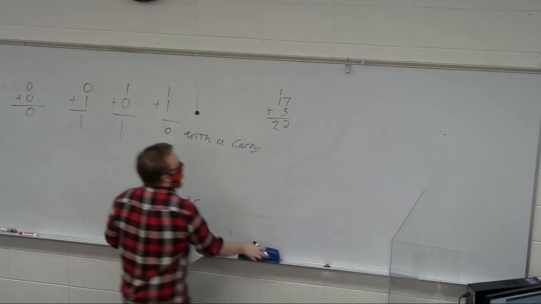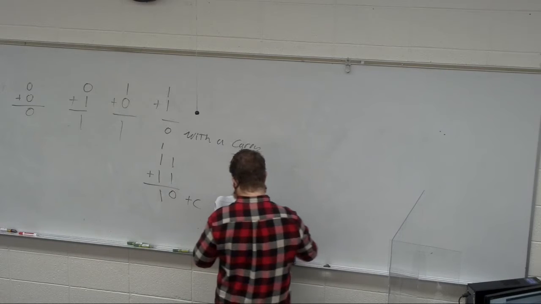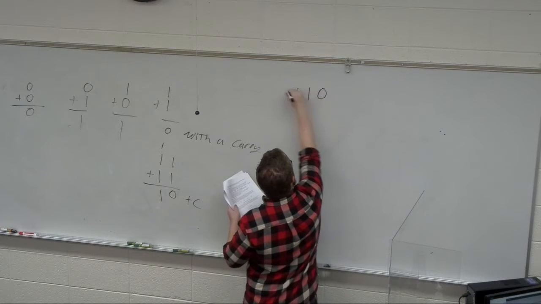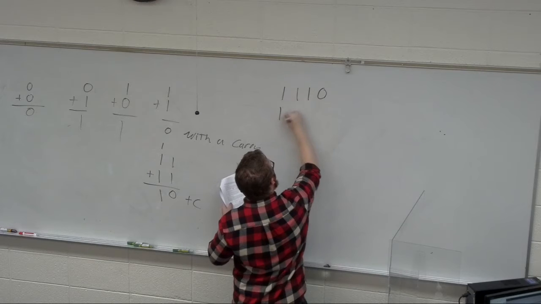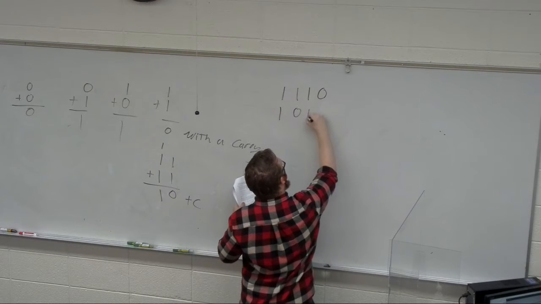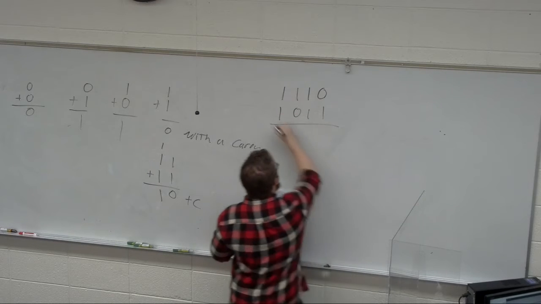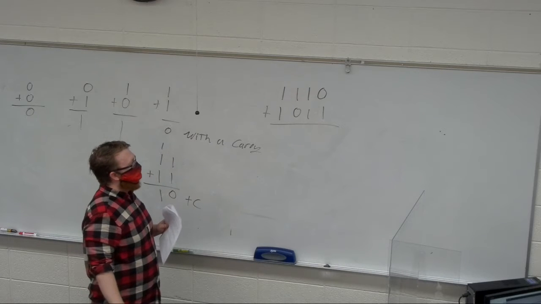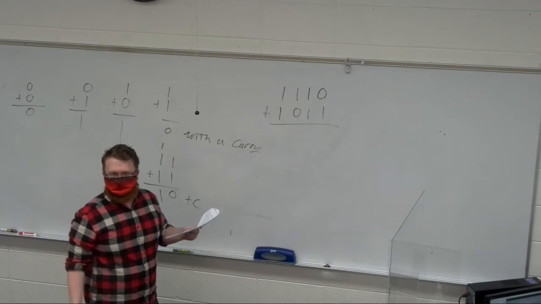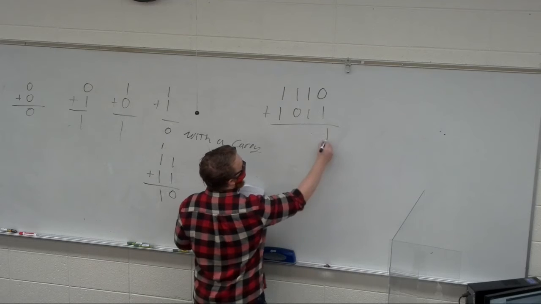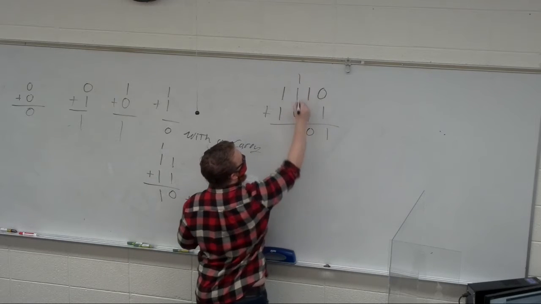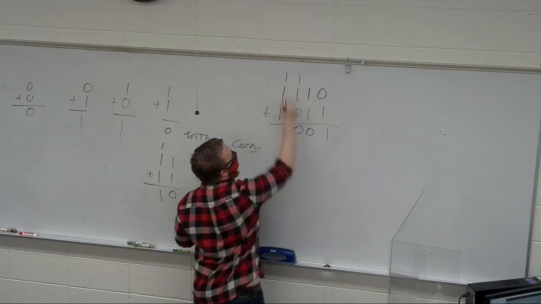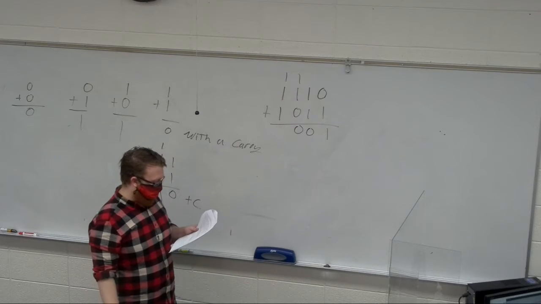So we go and do something silly, and we want to add together 1, 1, 0, oops, there's one more 1 here, and 1, 0, 1, 1. Now, this isn't that hard, right? 1 plus 0 with a carry. Now I have 1 and 1, that's still 0 with a carry, right?